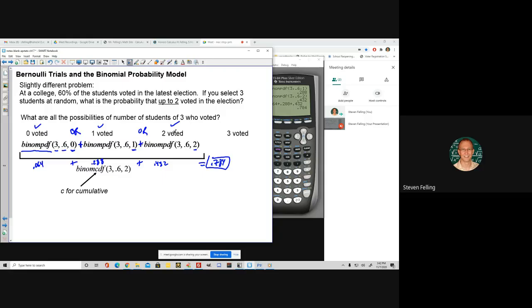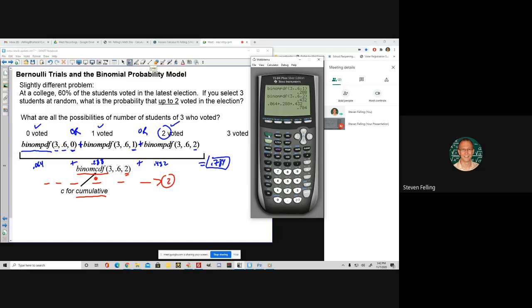But this situation occurs so frequently that we have to add numbers from 0 up to a number 2, that there's another calculator function called binomial CDF, where the C stands for cumulative total from the left up to a value 2. So if you run binomial CDF out of 3 up to and including 2, that's the other function on the calculator, same location.